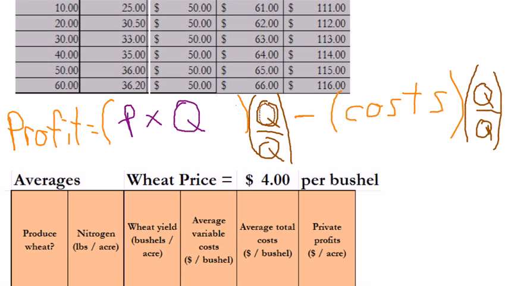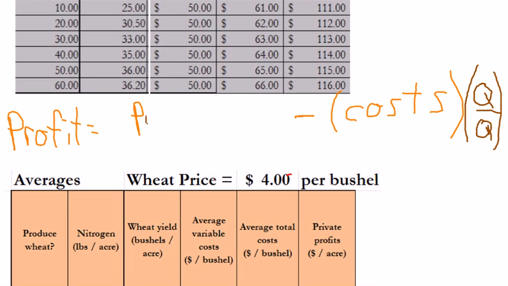Now notice that we have a Q here and a Q there, and so they can cancel each other out, and so I can replace this whole big term right here with just P times Q. So we get revenues back here, and so nothing changed over here, but I did that to show you that multiplying by a fancy one is still useful, because notice that over here, if we take total cost and divide it by Q output, we get average cost.